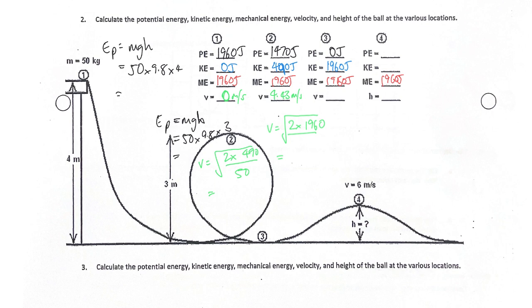Substitute the M, 50. And we get 2 times 1960 divided by 50, square root that answer, 8.9 or 8.85 meters per second.